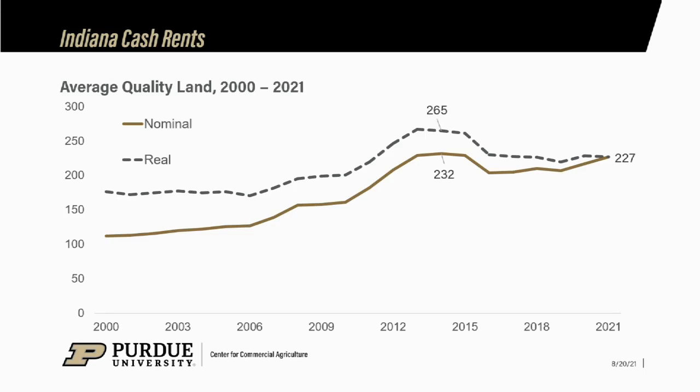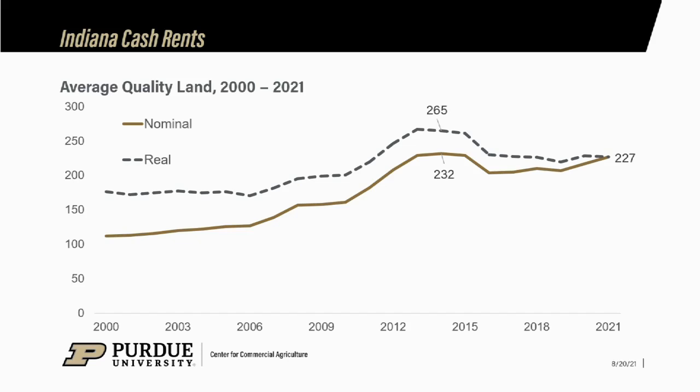But land value, on the other hand, is 5.4%. That difference, 1.7% between increase in land values and increase in cash rent, may not seem like much, but over time, that really accumulates into a pretty large change. So bottom line, land values have been increasing more than cash rent for a long time.